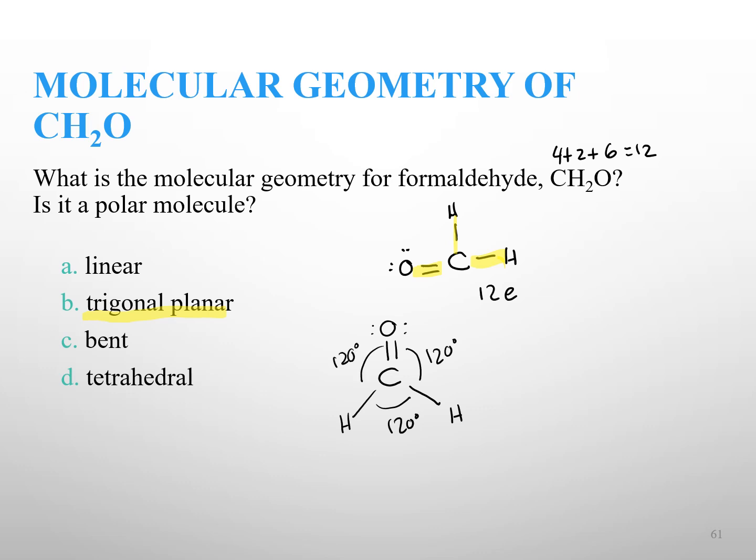Now, is it polar or non-polar? Let's take a look. In this case, oxygen is more electronegative than carbon, so it points up to the oxygen. C and H are non-polar bonds. So in that case, the O side is negative, the H side is positive. So yes, it is polar.